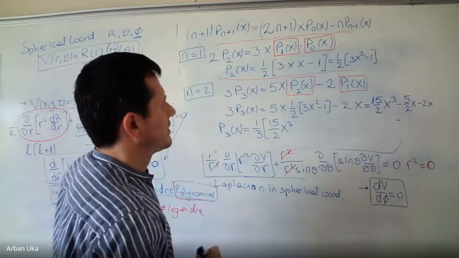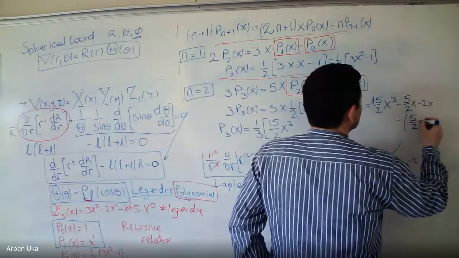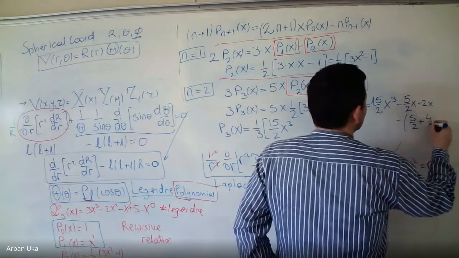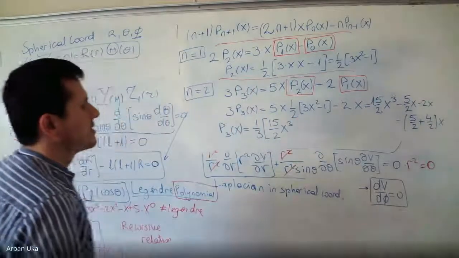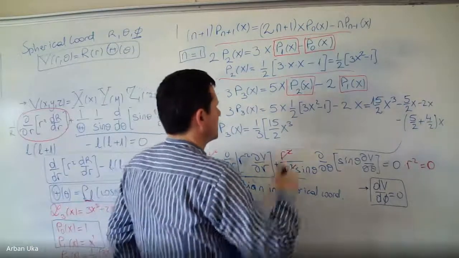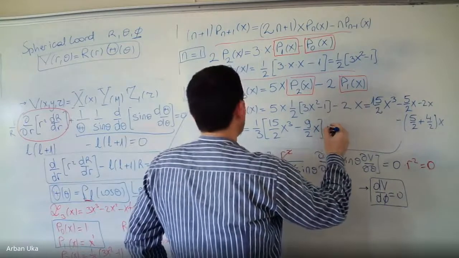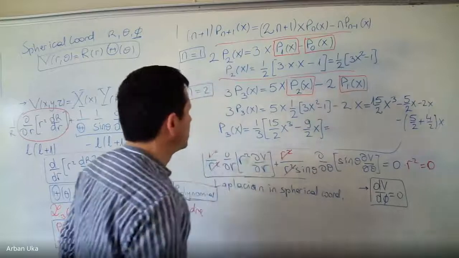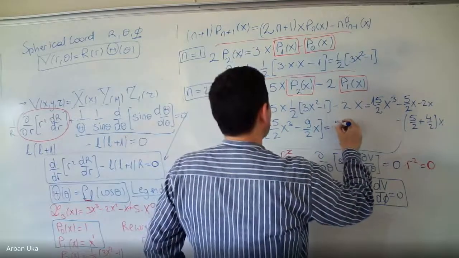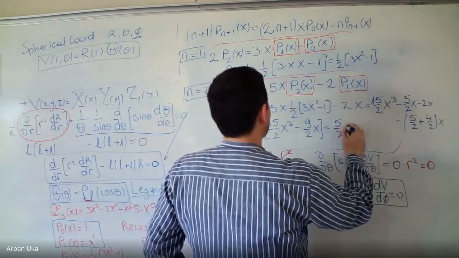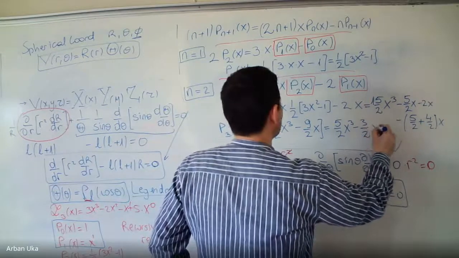This is minus 5 over 2 plus 4 over 2x, which makes it minus 9 over 2x, right? Minus 9 over 2x. And this is equal to, let's insert the 1 over 3 here, 5 over 2 x cubed minus 3 over 2x.